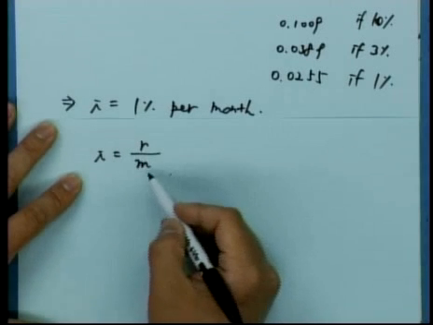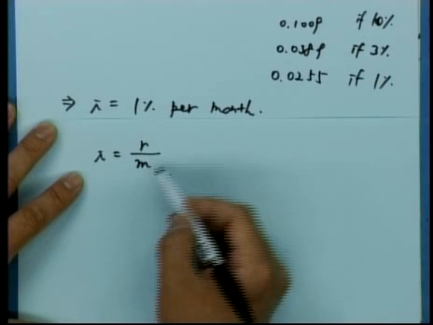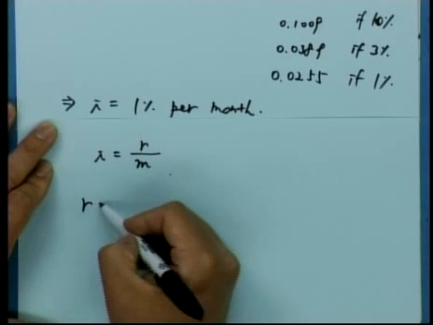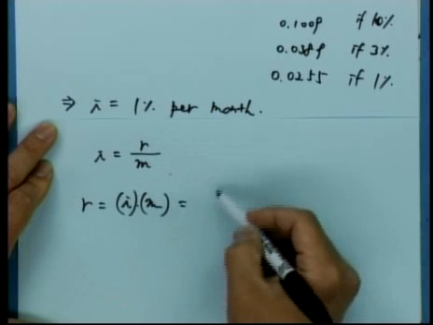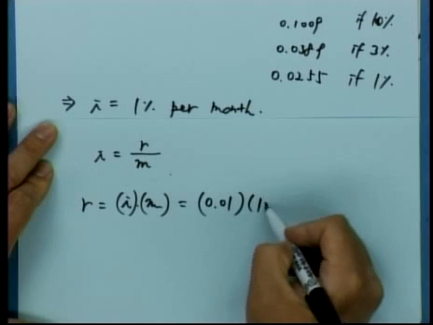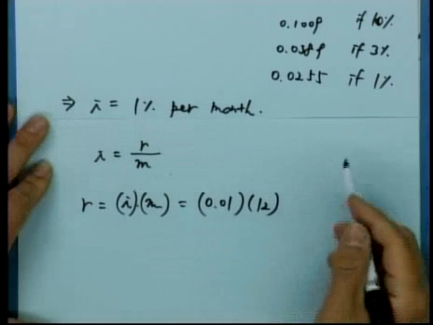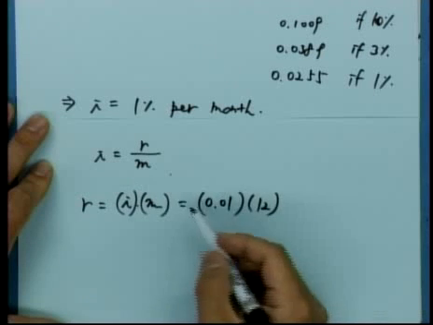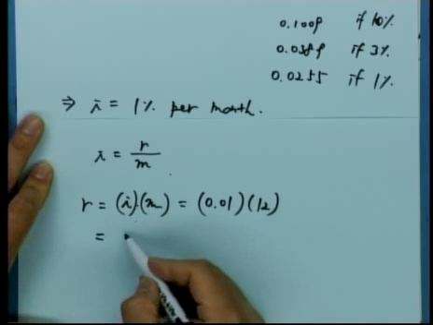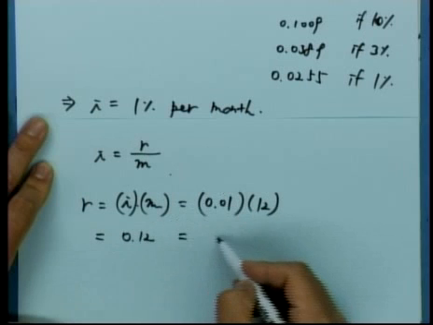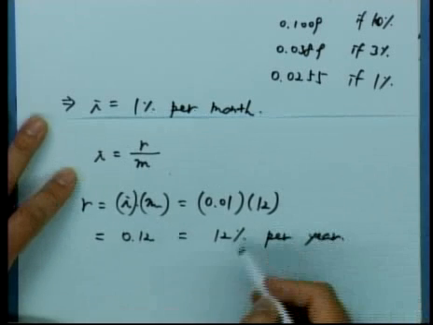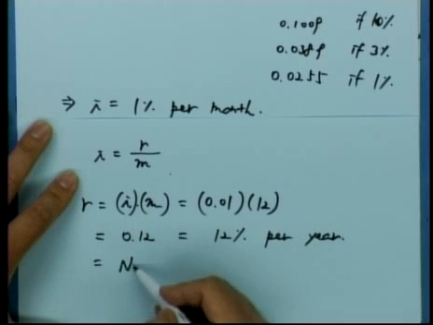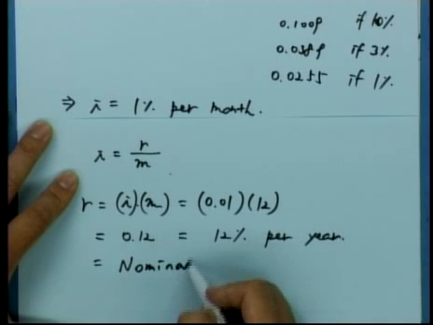So what is the value of M? Because there are 12 months in a year, M is 12, right? So R equals I times M. I is 0.01, M is 12. Okay. So what is this? 0.12, which is 12% per year. So this is the nominal interest rate.